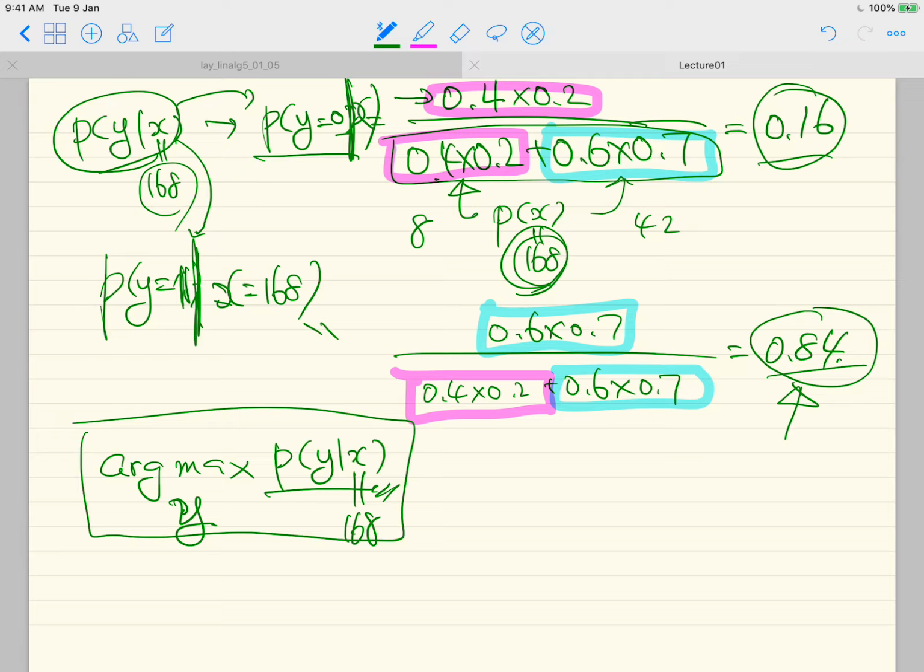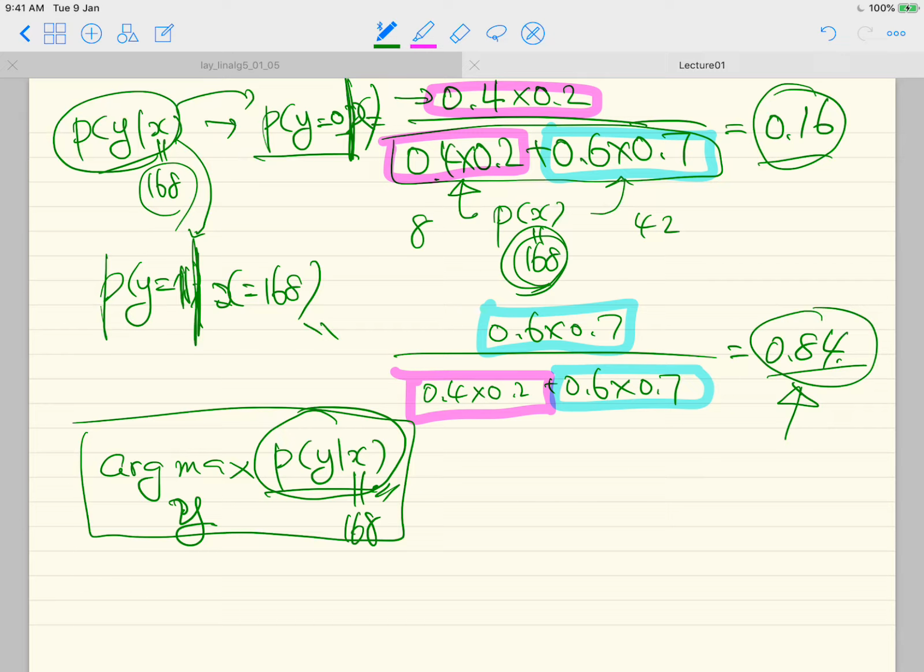If we know the full information of P of y and also P of x given y, which follows this natural generation order, suppose we have the full information of these probability distributions involved in this generation process, then we can fully represent this guy.